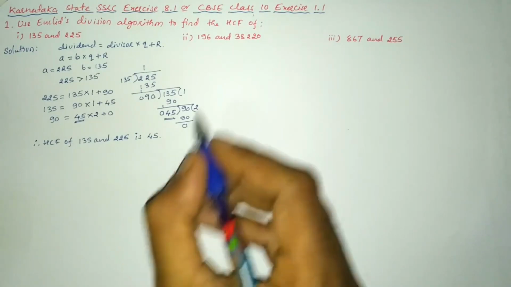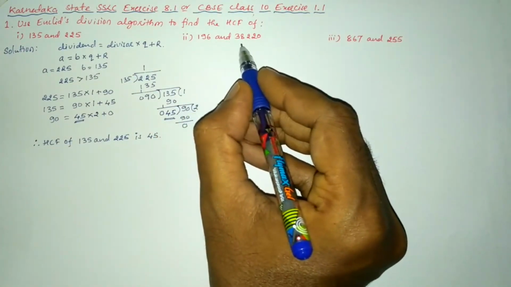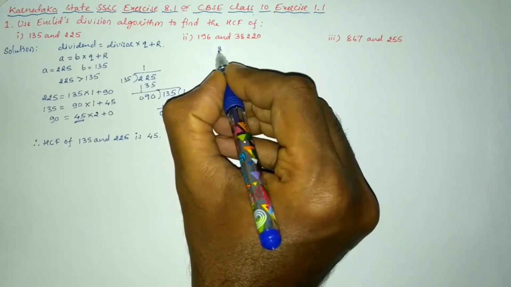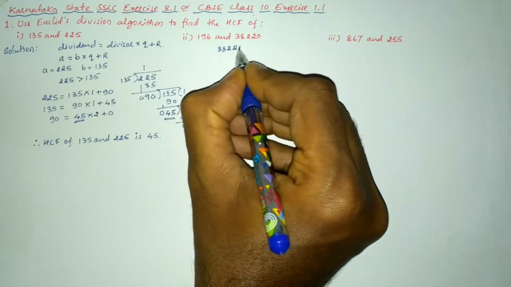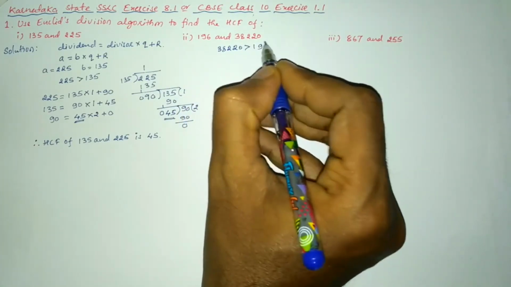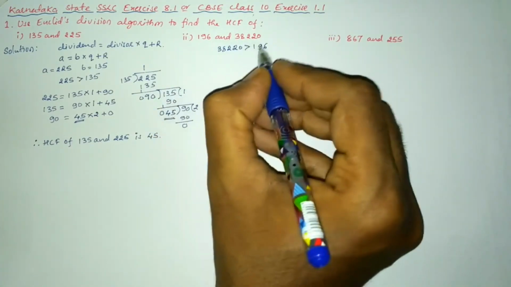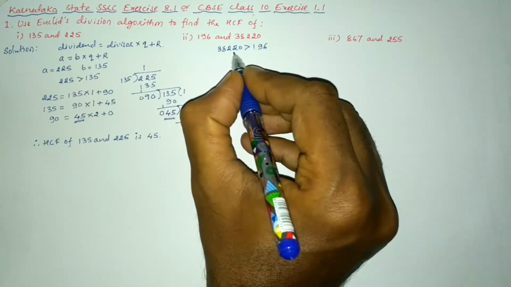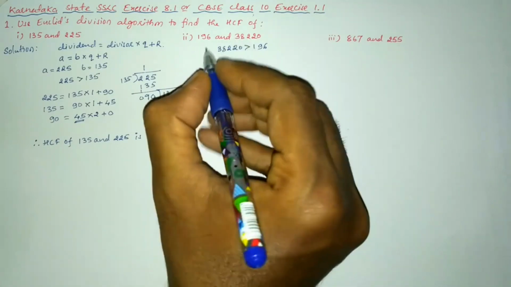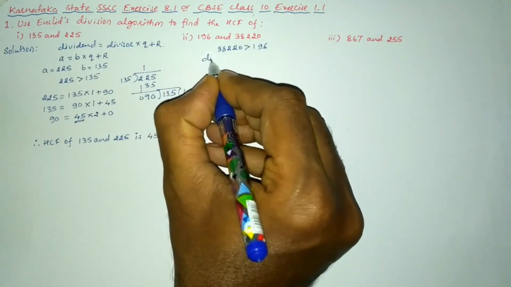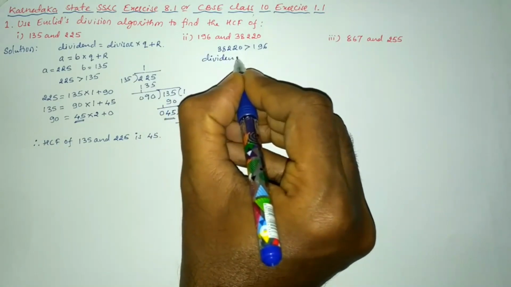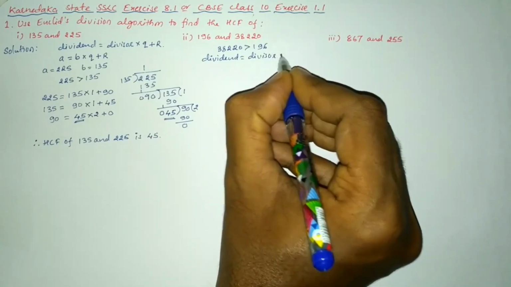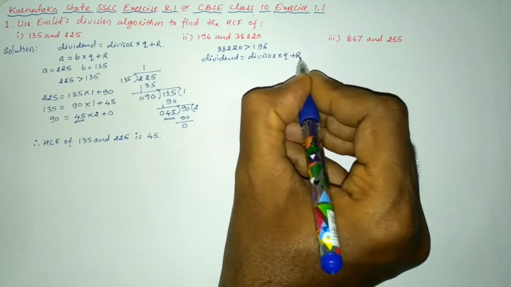Now let us move on to (ii) 196 and 38,220. Here 38,220 is greater than 196. So hence we are going to take 196 as divisor and 38,220 as dividend. So here as per Euclid's lemma we can write dividend is equal to divisor into quotient plus remainder.